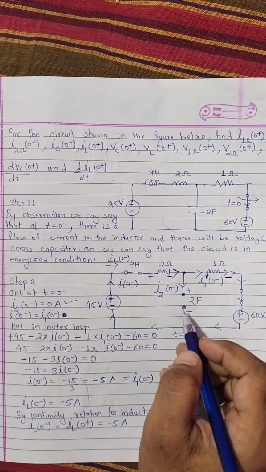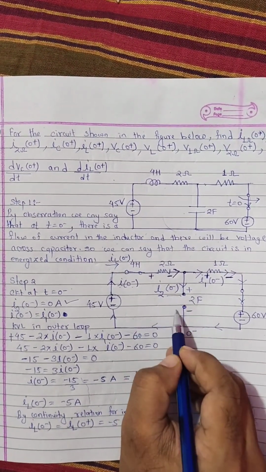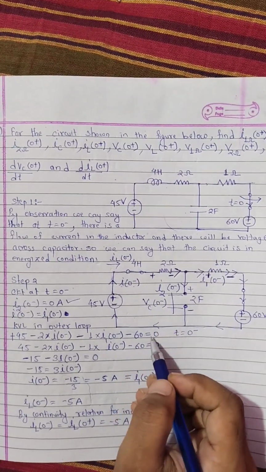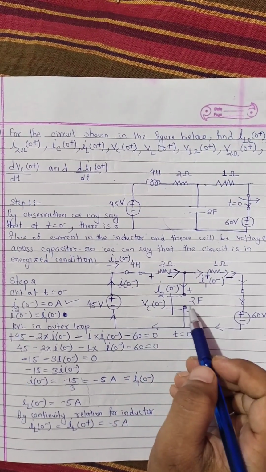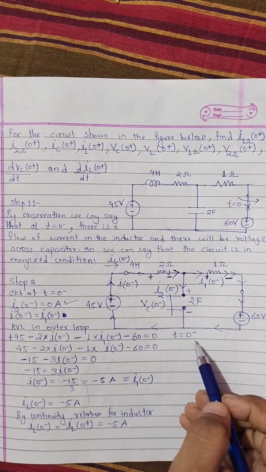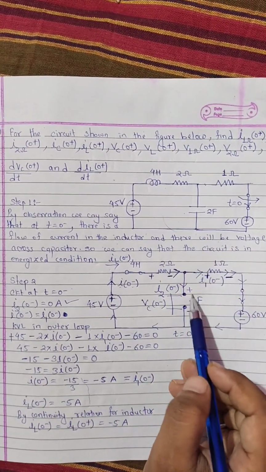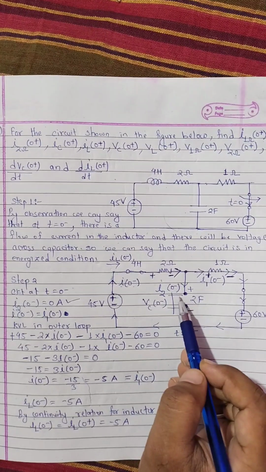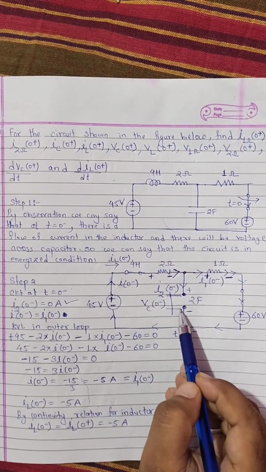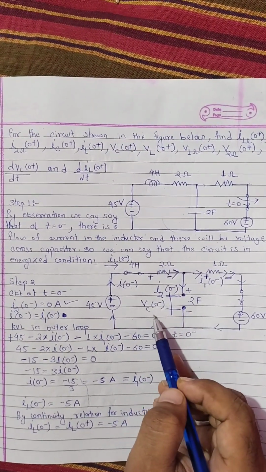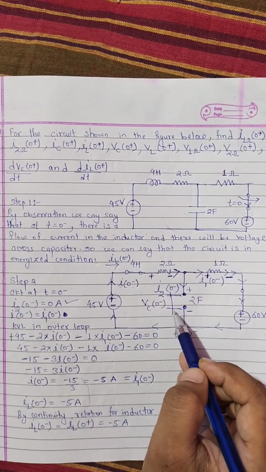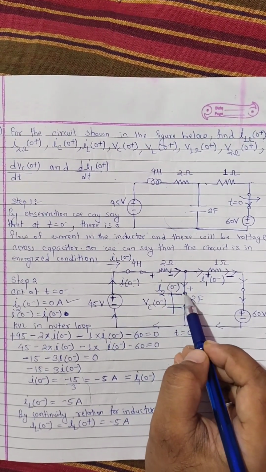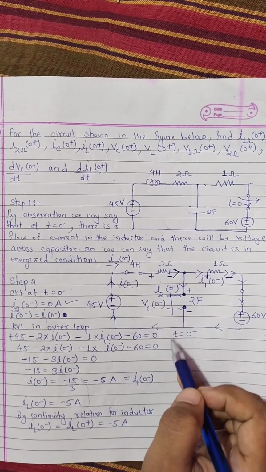Now our other main target is to calculate the voltage across this capacitor, that is VC0 minus. Since at t equals 0 minus the energized capacitor is replaced by an open circuit, but physically there is a capacitor, we have to calculate the voltage across it. So we have to calculate the voltage across these two terminals.